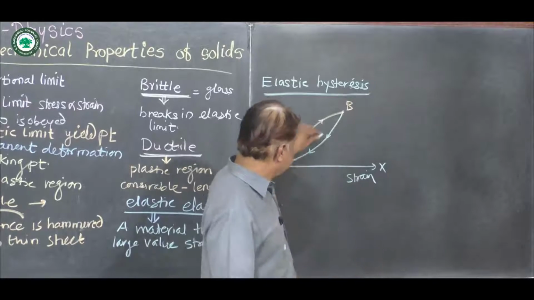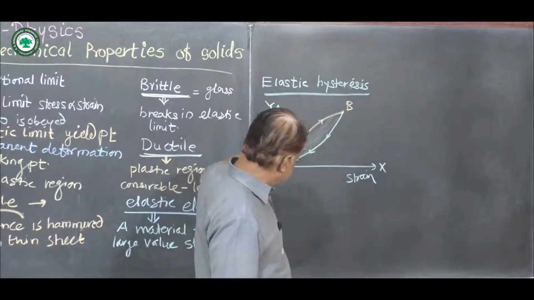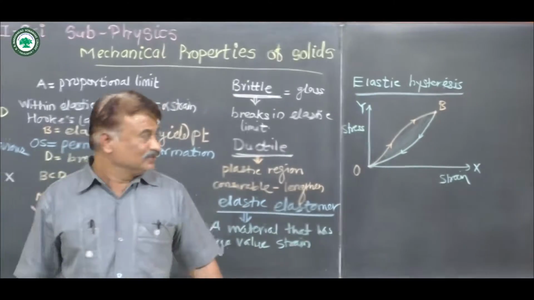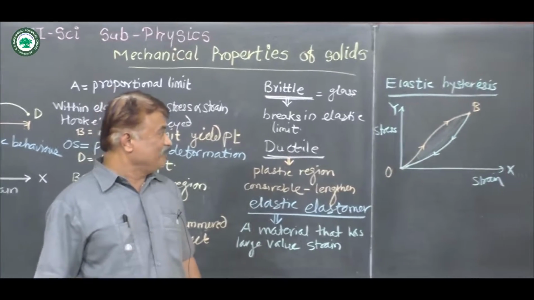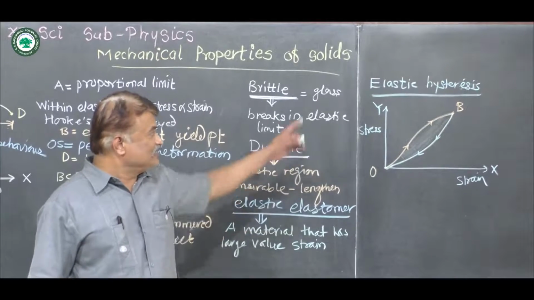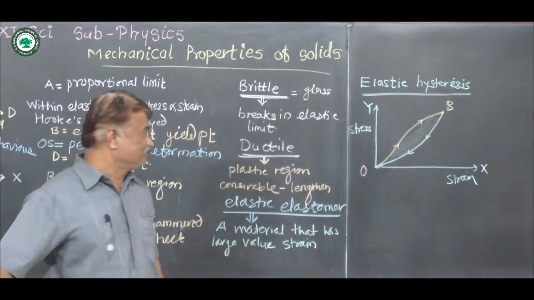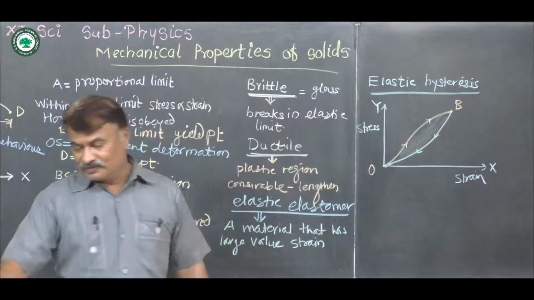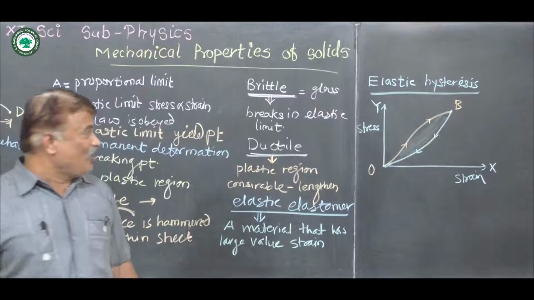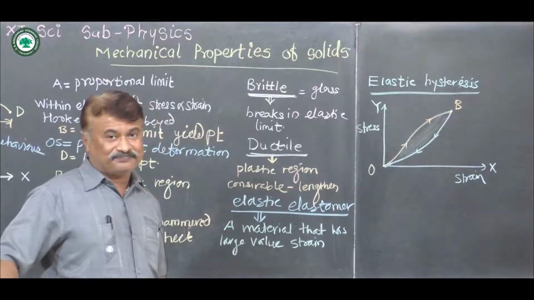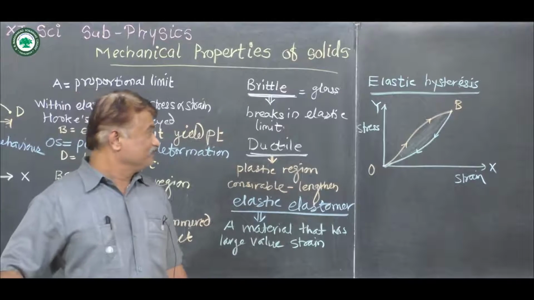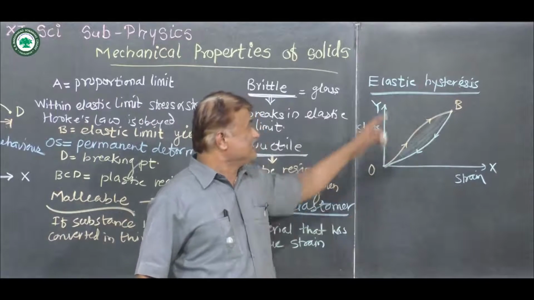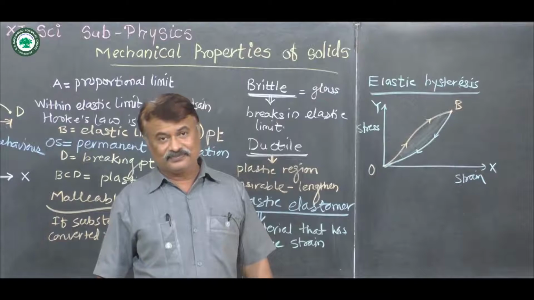This total area under this loop gives us energy of dissipation, and this is called as elastic hysteresis. In this case, strain is lagging behind the stress, then it is called as elastic hysteresis.